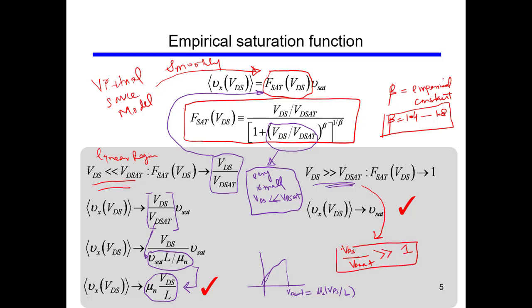In the denominator this dominates and 1 can be neglected, and then if you do the math, you will get that F approaches 1. When F approaches 1, according to the first formula, the velocity, which is a function of VDS, reaches the saturation point.